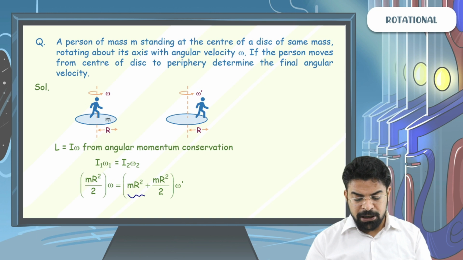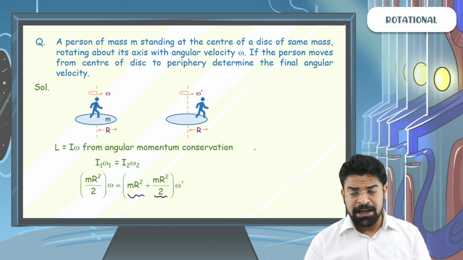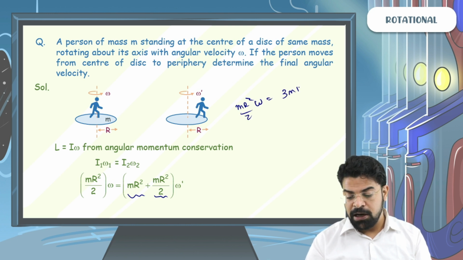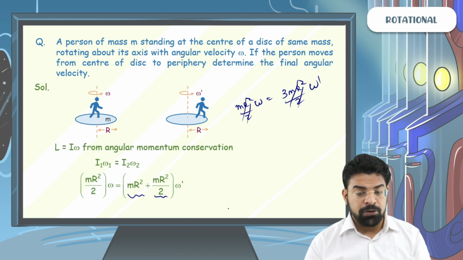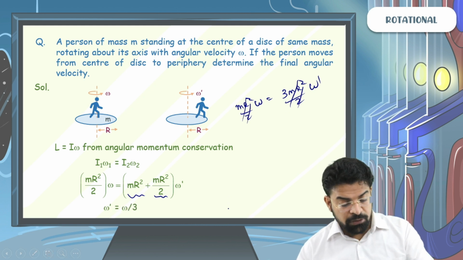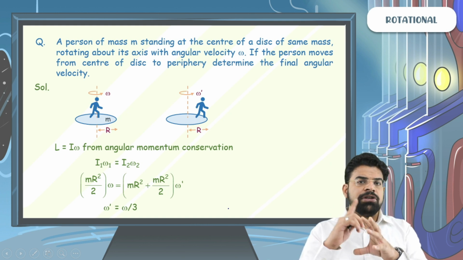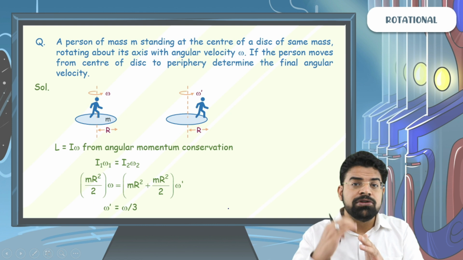So beta, this mr square plus mr square by 2 is nothing but 3 mr square by 2. So on the left hand side you have mr square by 2 into omega. On the right hand side you have 3 mr square by 2 into omega dash. Cancel out mr square by 2, mr square by 2. So you simply get omega dash equals omega by 3. So as the moment of inertia becomes 3 times, the angular velocity becomes 1/3.